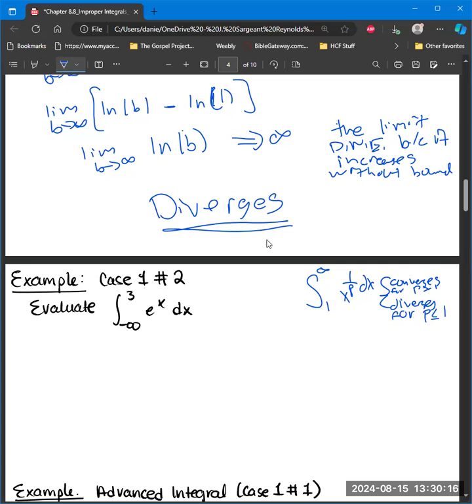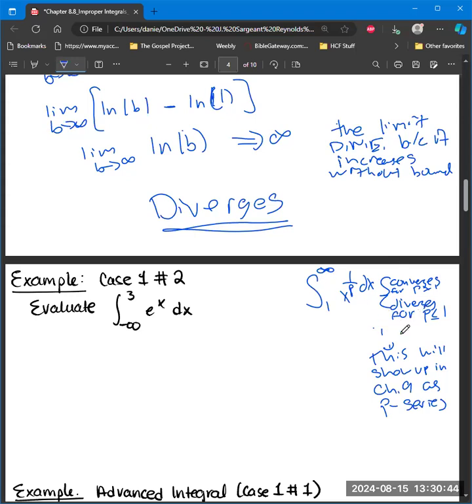We're going to come back to this idea. This will be important. This will show up in chapter 9 as a p series. When we talk about series and convergence and divergence of series, a p series is going to be based off of this type of integral and has the same rules for convergence and divergence.